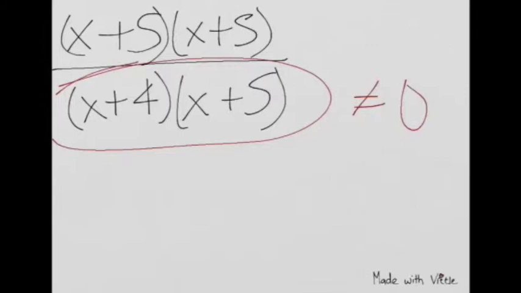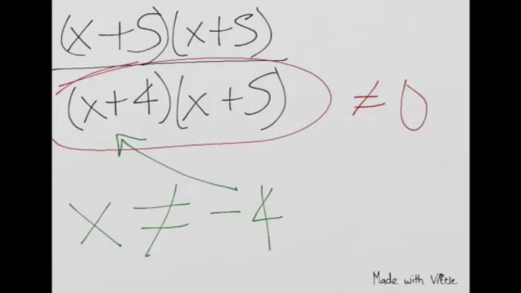So we start with restrictions, which means x cannot equal -4, and it can't equal -5. If that's confusing for you, you can just think about it like this.